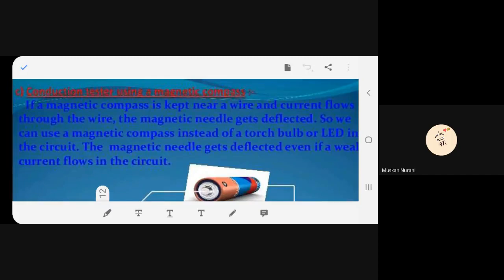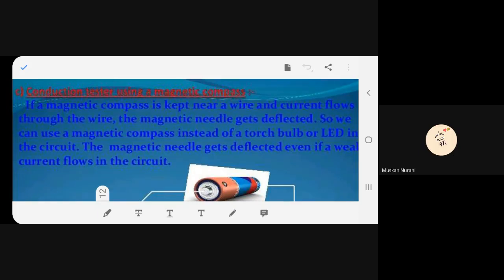We are only concerned with weak currents now. One was the LED, which could detect the weak current, and the next is the magnetic compass. Even that can detect the weakest of the current. So we keep a magnetic compass near the circuit or in the circuit, doesn't matter, and the current is flowing through the wire. What happens? The magnetic needle gets deflected.